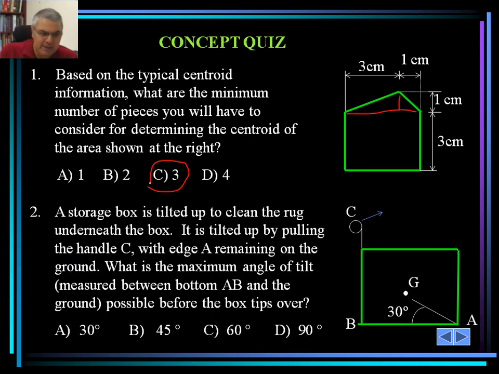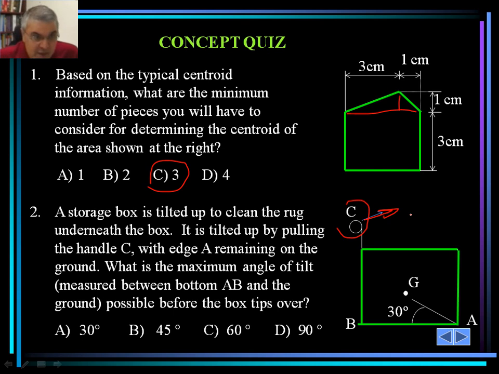The second one could be a little bit more complicated, but it's actually not. The storage box is tilted up to clean the rug underneath the box. So how do we tilt this? This is the handle that shows here at this point. So we are pulling this and trying to lift this box and make it to the position in which we can actually clean what's under it.